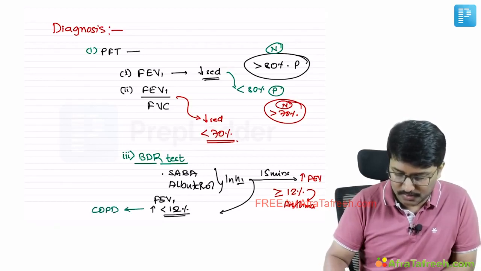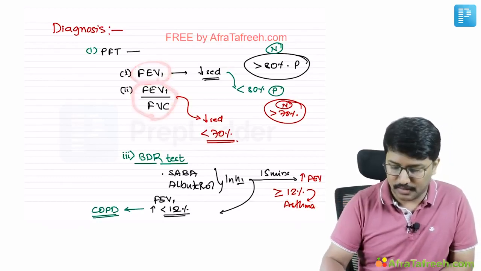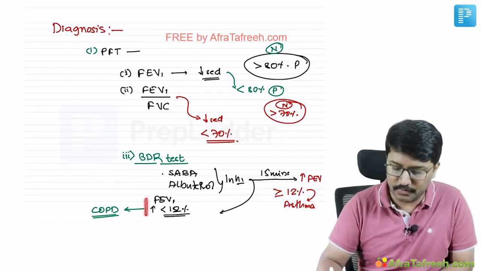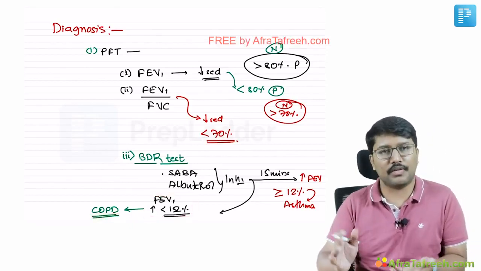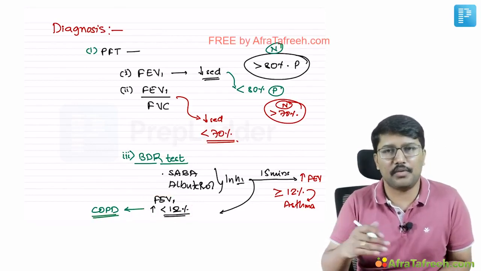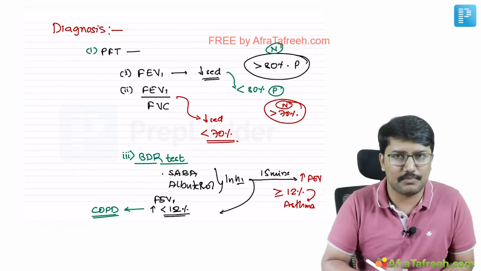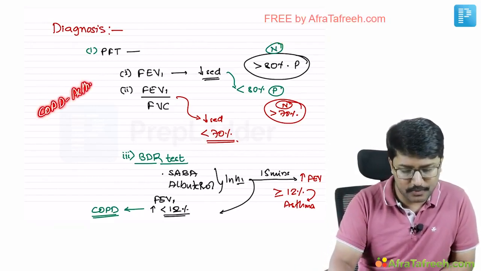So, in COPD, there is obstruction that we have confirmed by looking at FEV1 by FVC ratio and FEV1, and to differentiate it from bronchial asthma, we have done a bronchodilator reversibility test, and the FEV1 here will not increase by more than 12%. Though at some point of time, Harrison does mention that up to 15% you might see in COPD. So, we still need to depend a little bit on clinical judgment, particularly in COPD-asthma overlap variants.